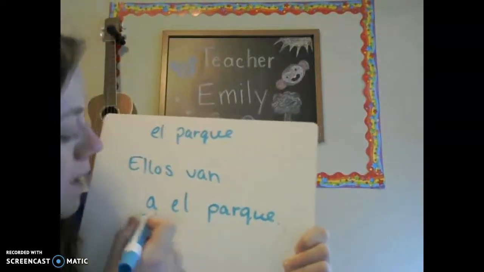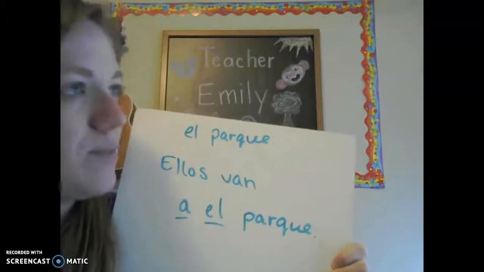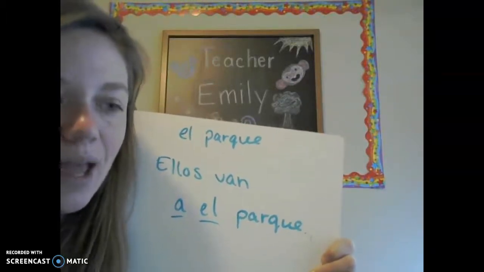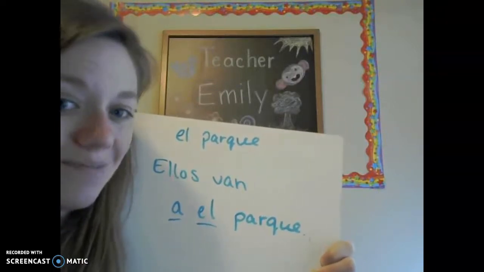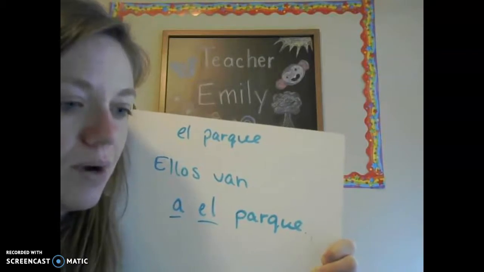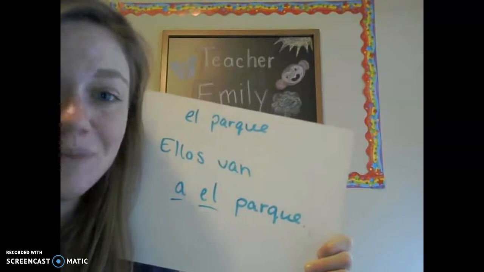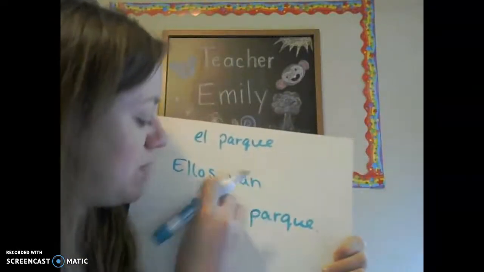Anytime you have the word a followed by el, you have to combine them because it's hard to pronounce a el. And when a native speaker pronounces it, it goes together, al. So the grammar of Spanish evolved in such a way that they decided, well, they probably didn't decide, it just happened naturally, that a and el can't be together.